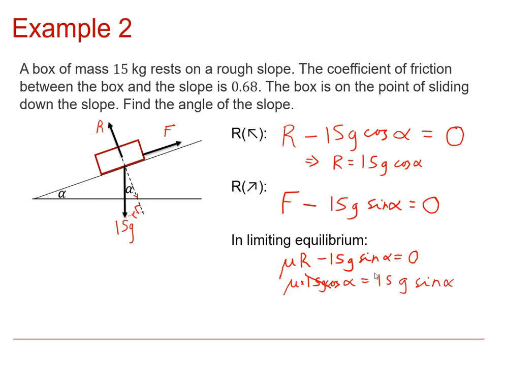I can cancel that, and then if I want to get mu, I'm going to need to divide by cos alpha. So I will have mu is equal to sine alpha over cos alpha, which of course is tan alpha. Right, now we're told of course that mu is 0.68, so that means that alpha will be the inverse tan of mu, which is 0.68. So alpha itself is 34.2 degrees.